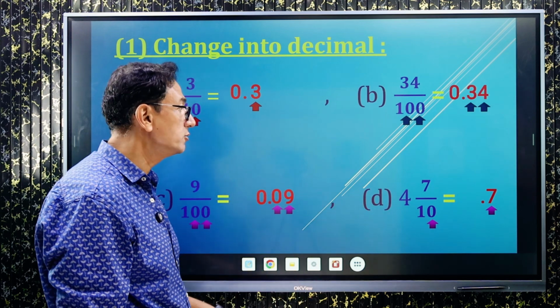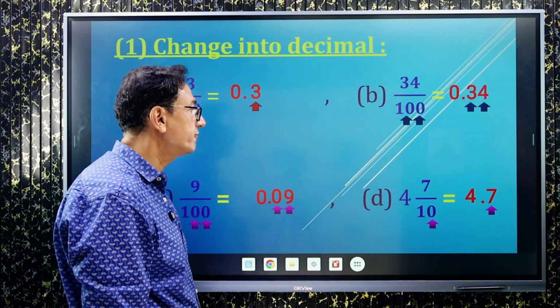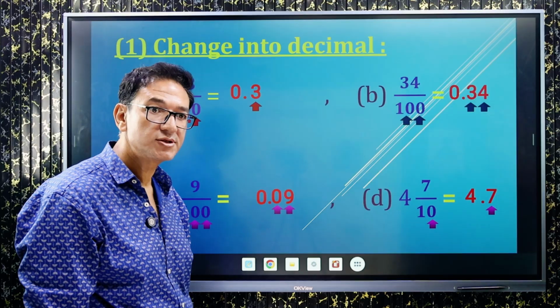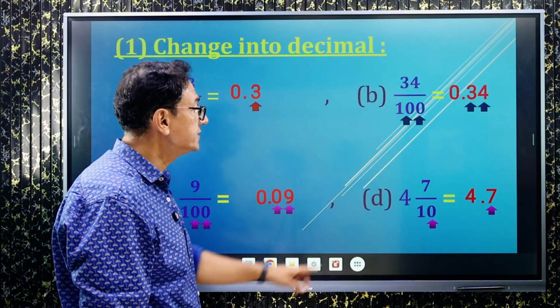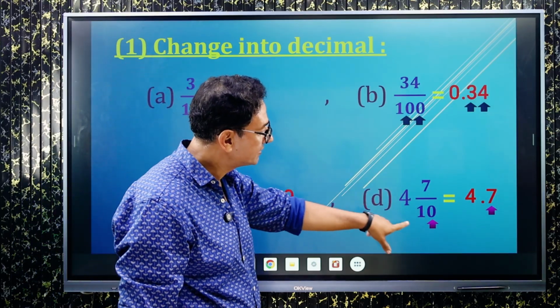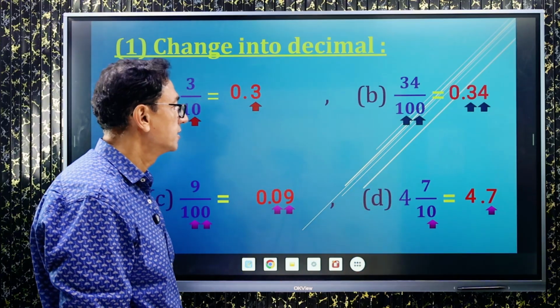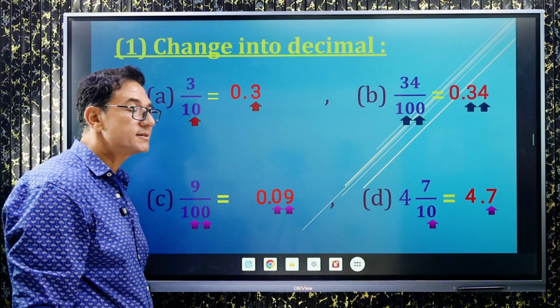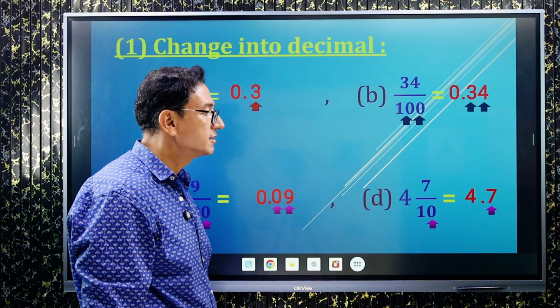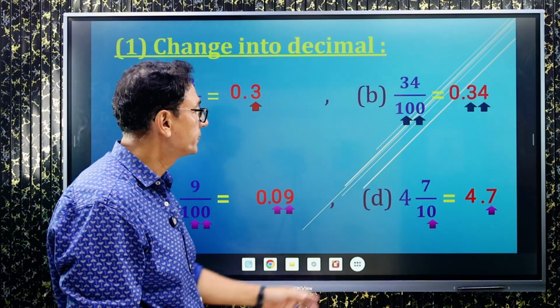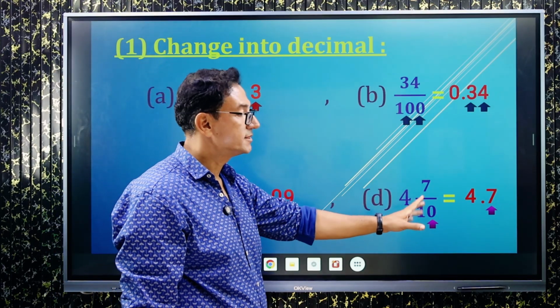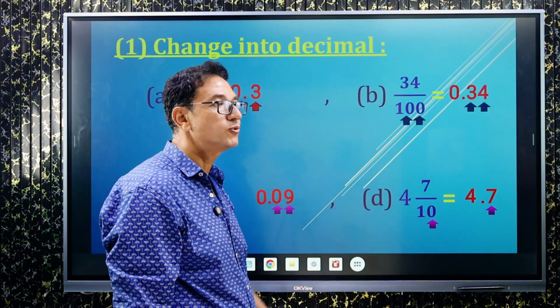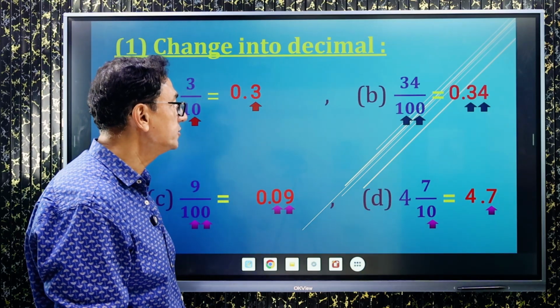Why do we write 4 here? Because we have 4 in front of the fraction, and this is called a mixed number. 4 and 7 tenths, it's not a fraction, it's a mixed number. 7 tenths is a fraction and the number 4, so this is a mixed number.